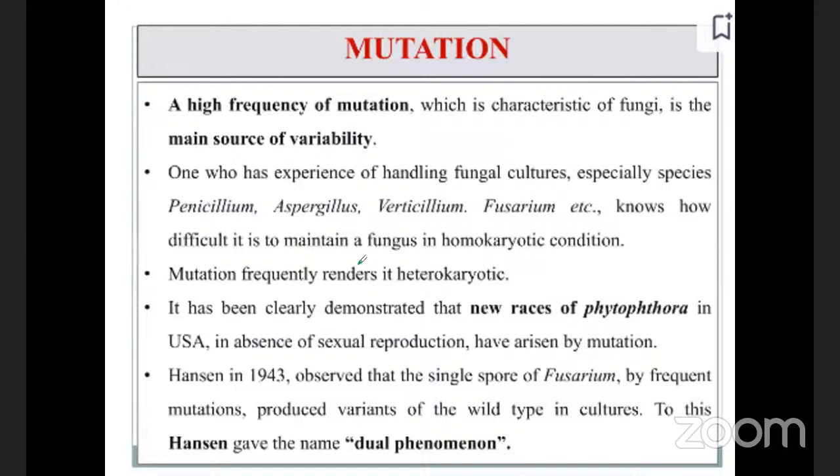Mutation frequently happens in this group of fungi. Sometimes the heterokaryon appears as a new strain instead of the same fungus, because of genetic modification. Why? Because genetic variation is there.